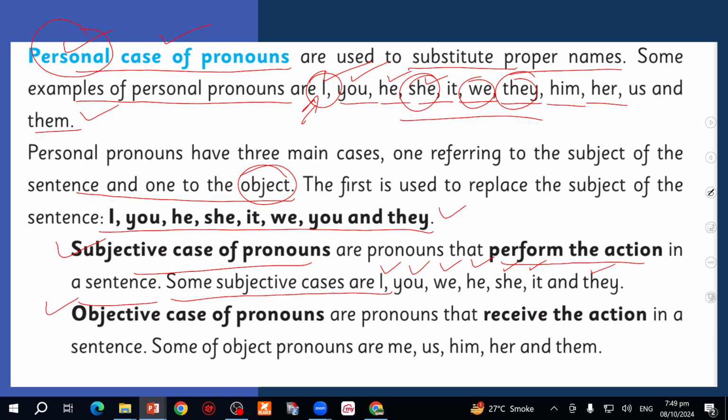The objective case of pronouns are pronouns that receive the action, just like objects that we have learned in direct and indirect object. Some of the object pronouns are me, us, him, her, and them. So these are your subjective cases of personal pronouns and these are your objective personal pronouns.